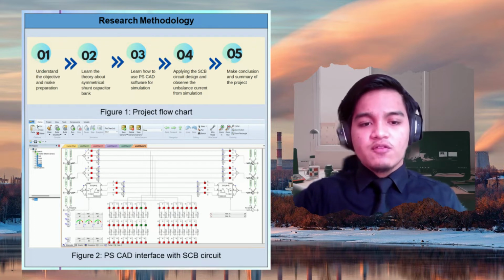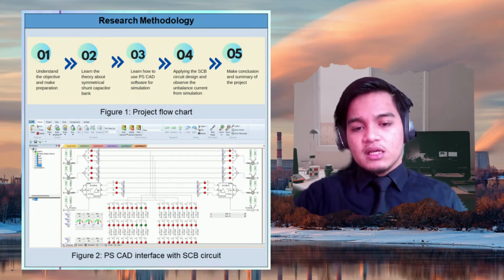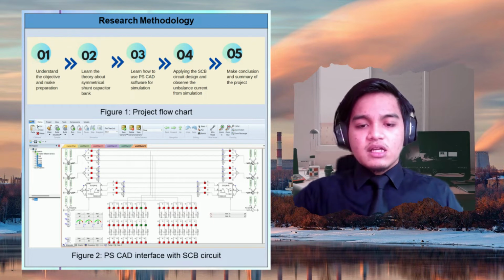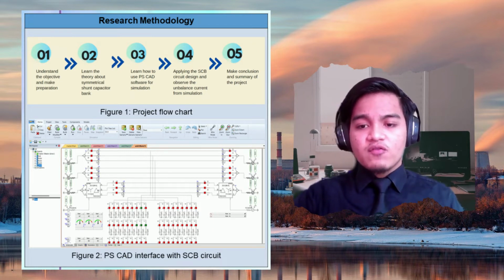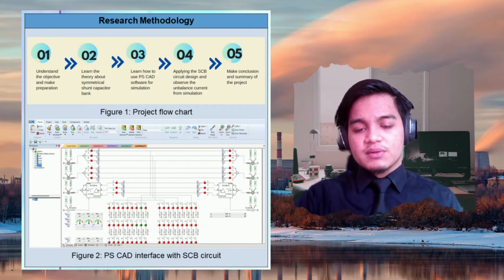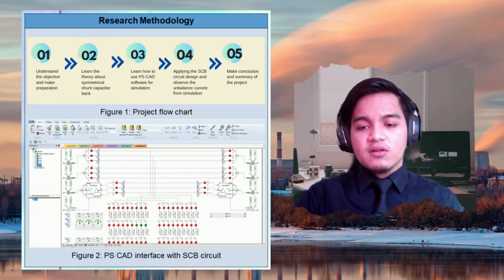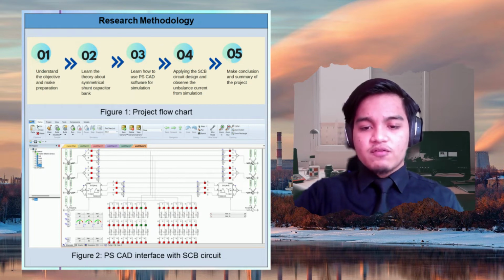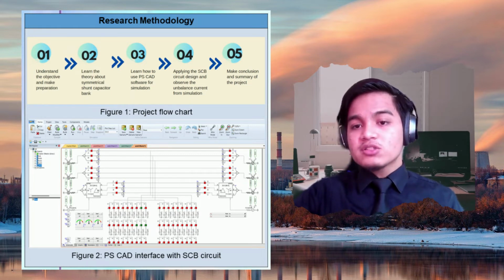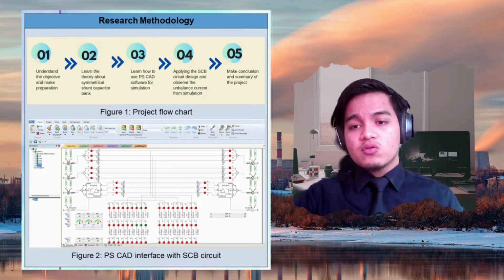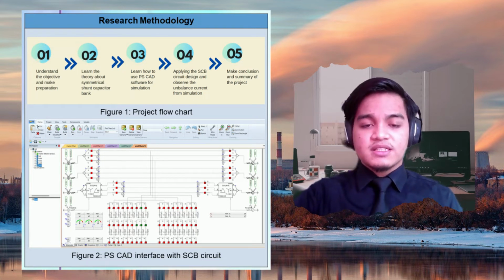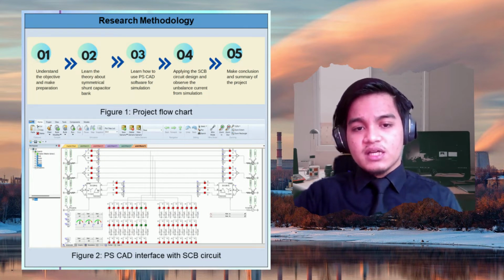Every capacitor bank will have 18 capacitors in parallel, 3 capacitors in parallel, and then every set of parallel capacitors will be installed in series with 6 capacitors until it completes the circuit for one capacitor bank, and this step will be repeated for every phase. Figure 2 shows the picture of the circuit design.